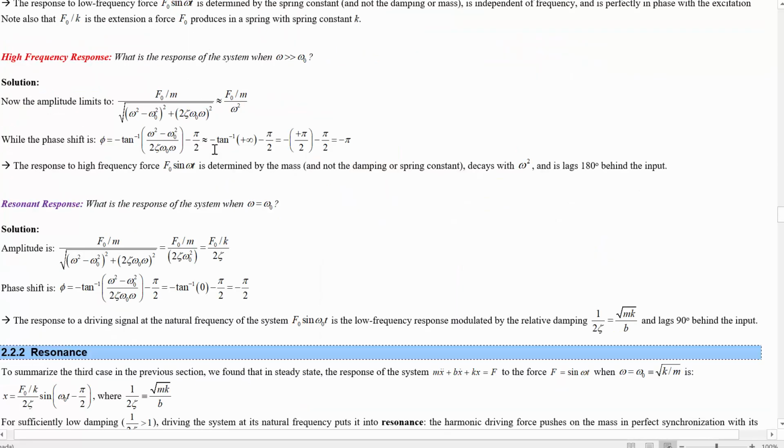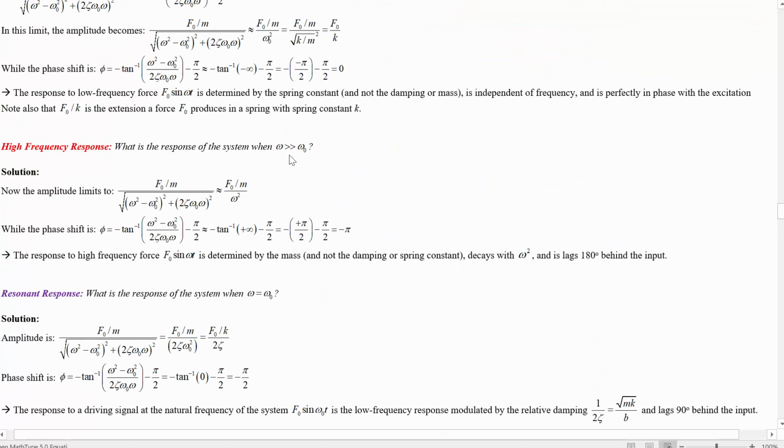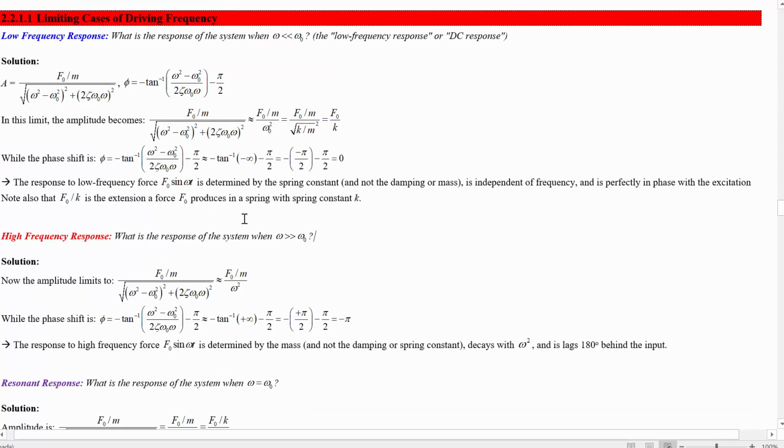Let's change things. What about at high frequency? At high frequency, when omega is much greater than omega naught, then we expect the amplitude to go to, so this term is dominant now, f naught over m over omega squared. Unlike this one where we had a constant, this is now the frequency. So as we go to higher and higher frequencies, the omega gets larger and larger, and the amplitude that we're getting gets smaller and smaller.